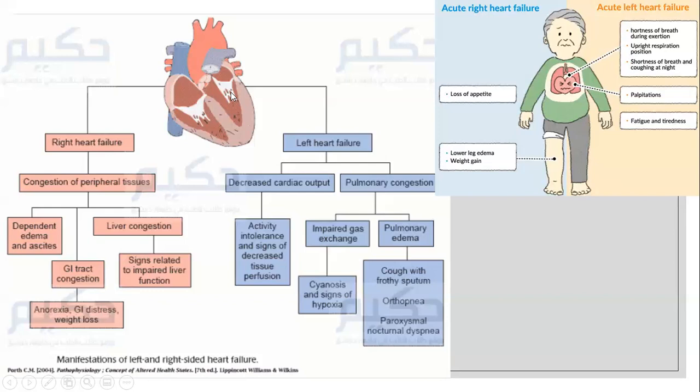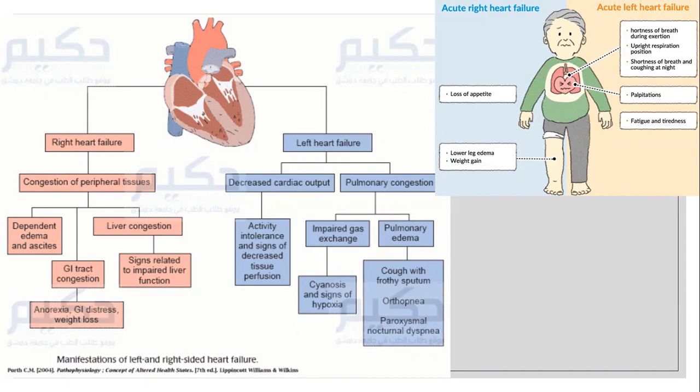But if the left side doesn't work, blood will not go forward, and it goes back, meaning back to the lungs. So lung congestion, shortness of breath, impaired gas exchange, and pulmonary edema develop. The patient complains of cough, and orthopnea, meaning shortness of breath increases when they lie down or at night time.